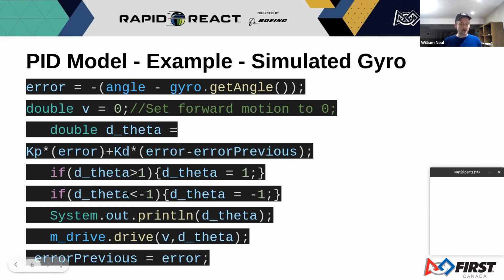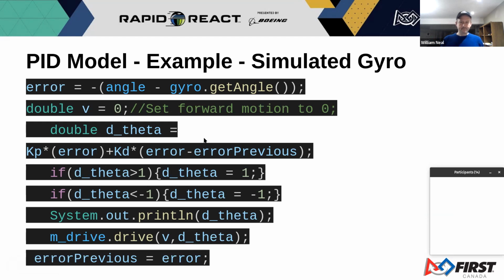Then I adjusted my output to be a maximum of 1 and a minimum of -1 so as to keep the system happy. It doesn't want its motors overpowered. And I did a few prints along the way, but essentially I sent a forward amount of 0 and a turning amount to my drive system. And then before we go to the next iteration, we just remember the current error as the previous error and repeat. There we are, that's our PID model.